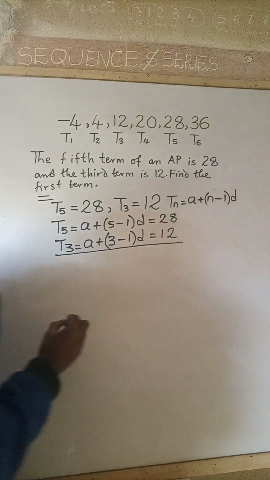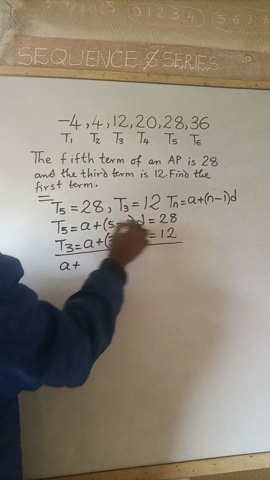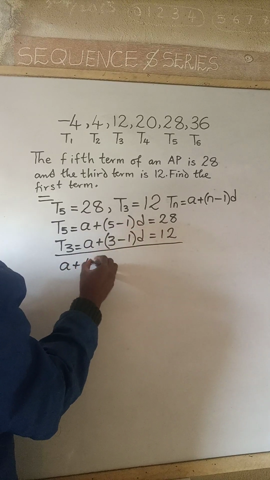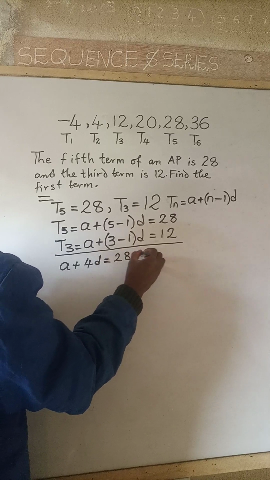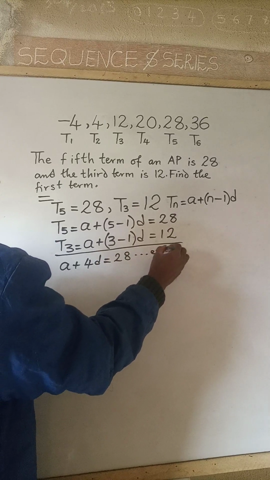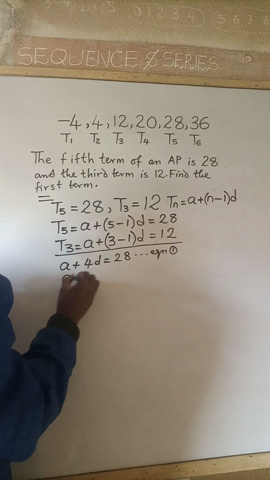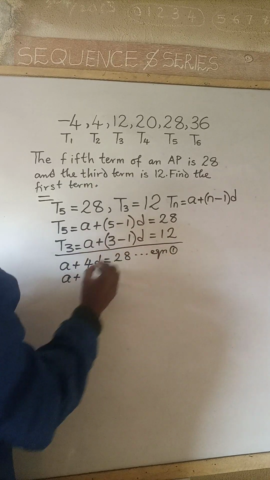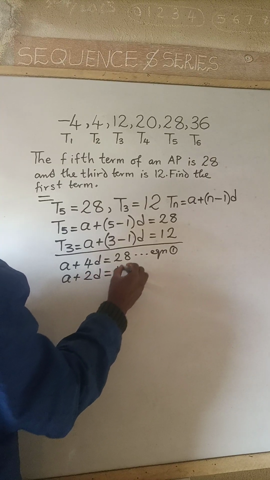From what we have here, we will now have A plus this. When you simplify this, it will give us A plus 4D is equal to 28, which is equation 1. We move to the next one, which is A plus, when I simplify this, I will get A plus 2D is equal to 12.